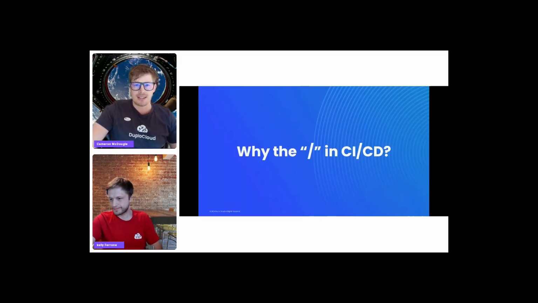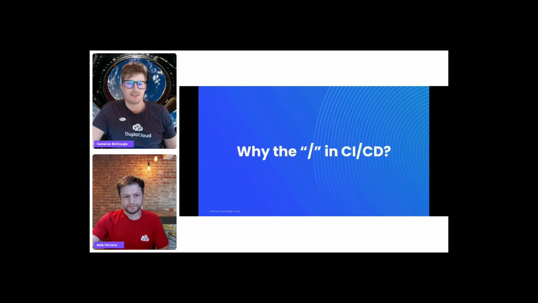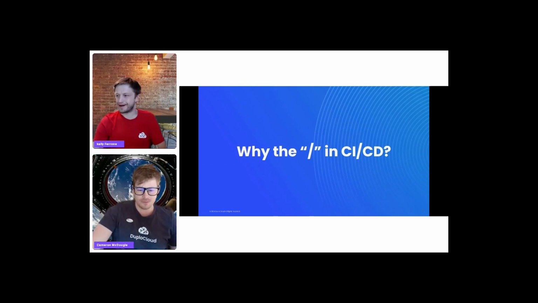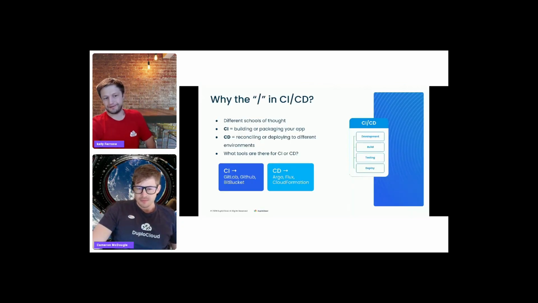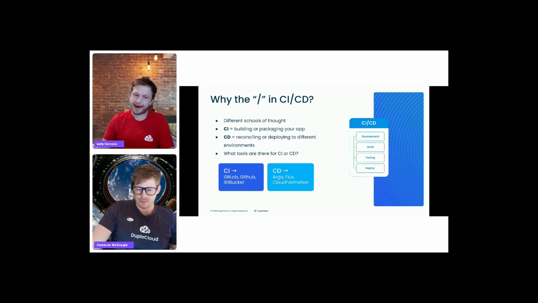Why is there a slash in CI/CD? So it really just comes down to there's the CI, the continuous integration, and that's all the non-deployment. And then the CD is continuous deployment. So everything that happens before CD and the deployment is like you're building, testing, packaging, and all.